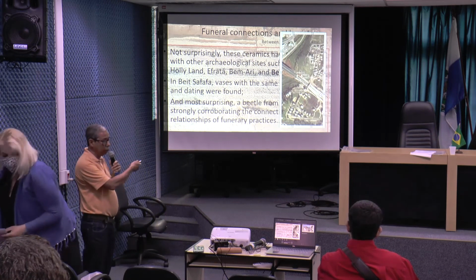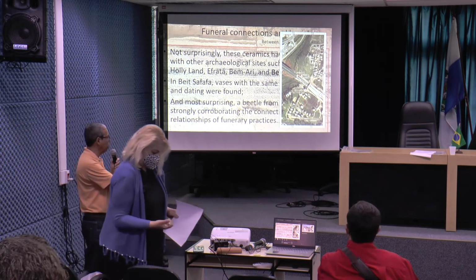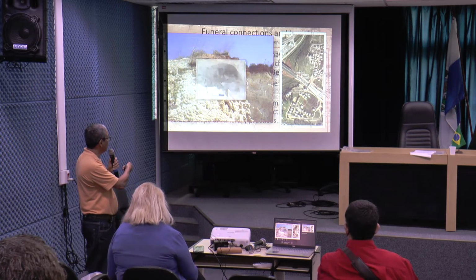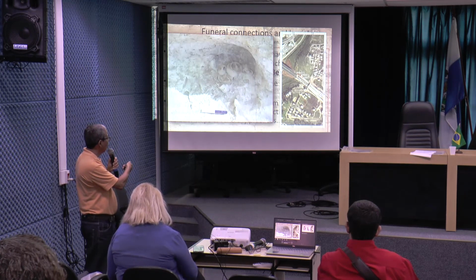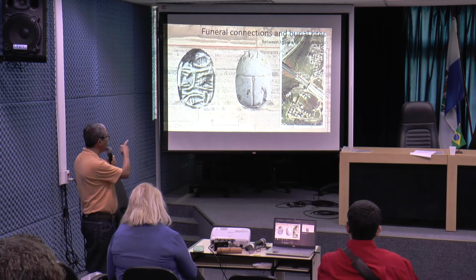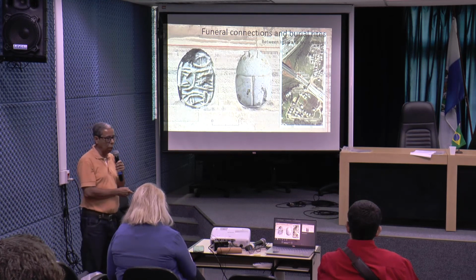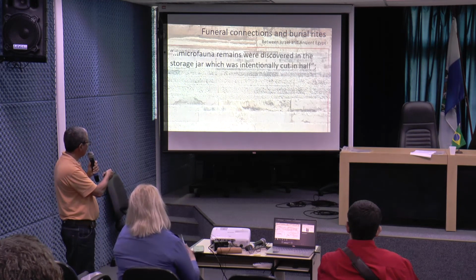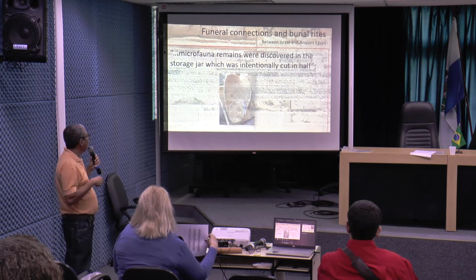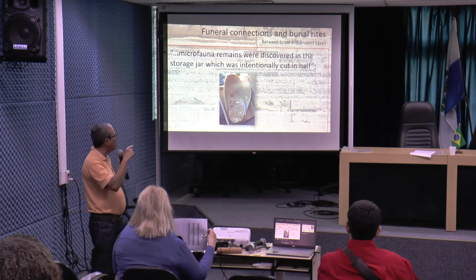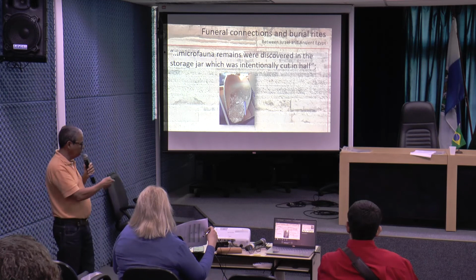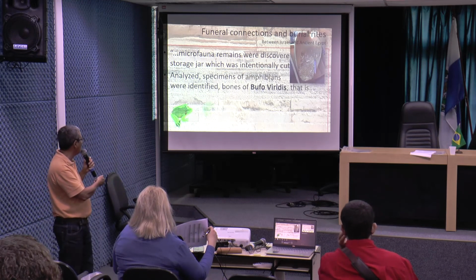And in Beit Safafa, this is a photograph of the caves. And you have this cave here, where the archaeologists found these total vessels. And microfossil remains were discovered in this storage jar, which was intentionally cut.